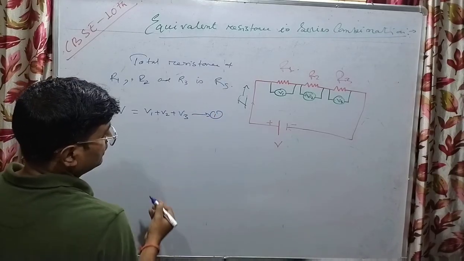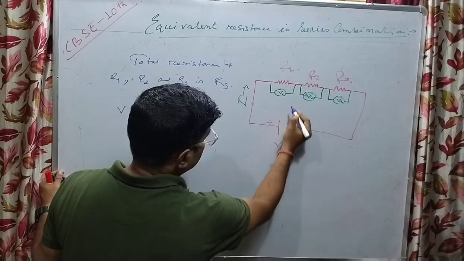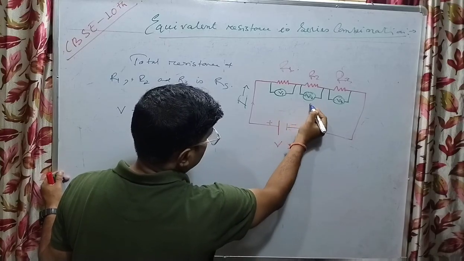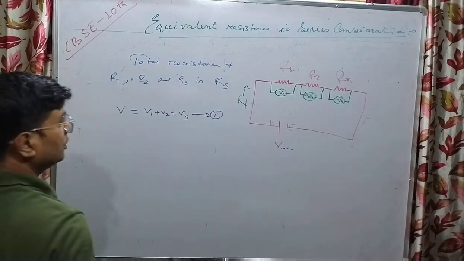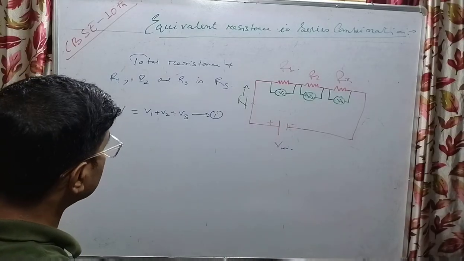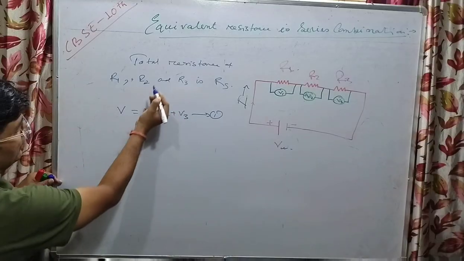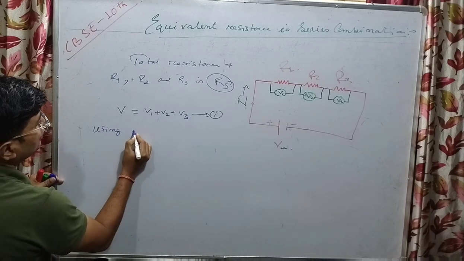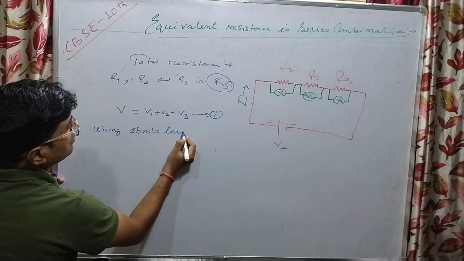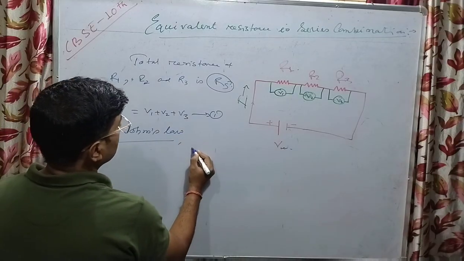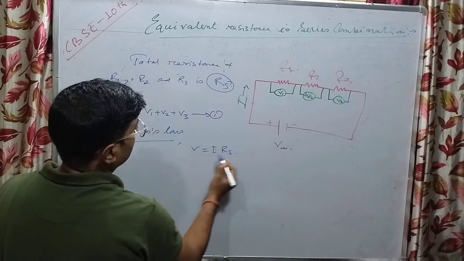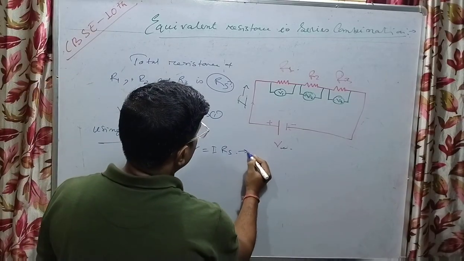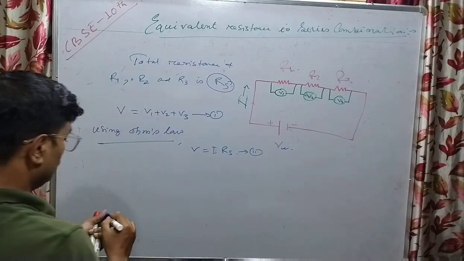This is equation 1. The potential difference is equal to the sum of these three, V1 plus V2 plus V3 is equal to V. Now, if the equivalent resistance of the circuit is Rs, then using Ohm's law, V is equal to I Rs. This is equation number 2.